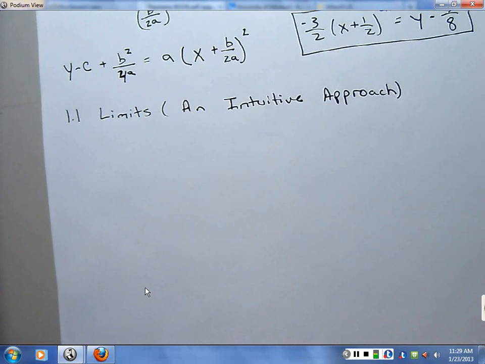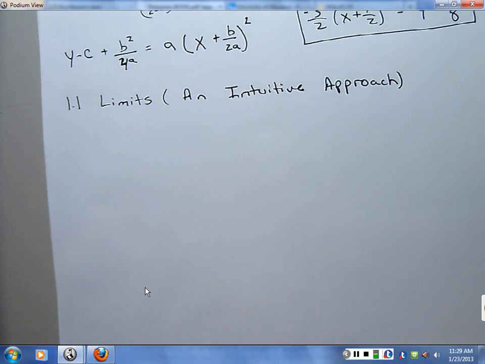There's 2 parts of calculus. There's differential calculus and integral calculus. Your book in Chapter 1 kind of introduces this as a storytelling type part, but the first probably 10 weeks of the semester, we'll focus on the differential calculus.